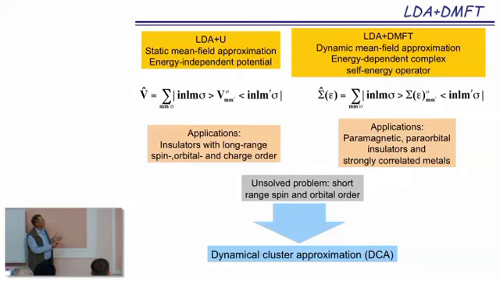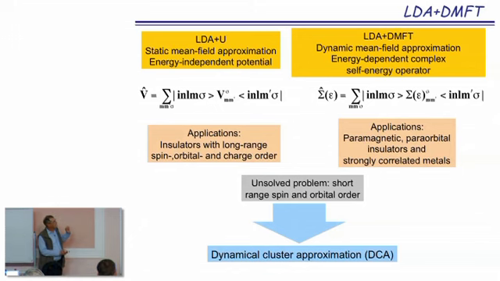When do you need the first or second one? First of all, DMFT is much, much more expensive. So you should use it only if nothing else works. If you have ordered insulators, sure, that's LDA plus U. When you need DMFT: paramagnetic insulators, already you need it. Para-orbital also needs it.